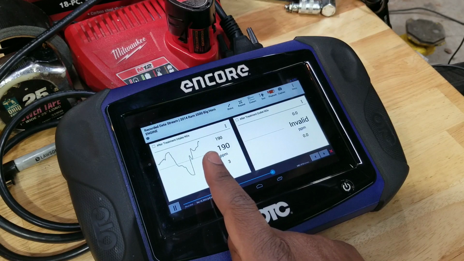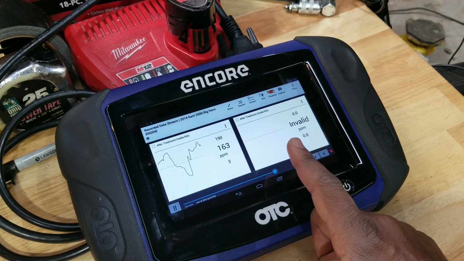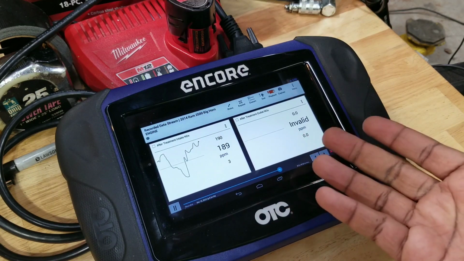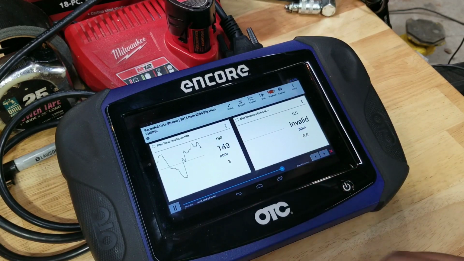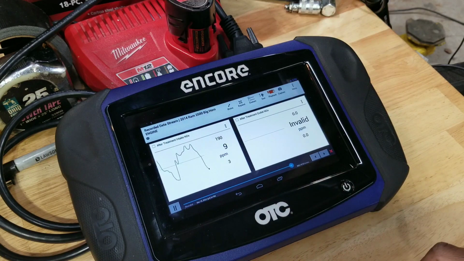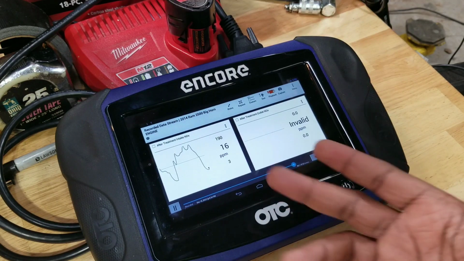And obviously it shouldn't be zero. It should be more than zero. So based on what we're seeing here, we're going to replace the sensor, because we can pretty much say something is seriously wrong with it.